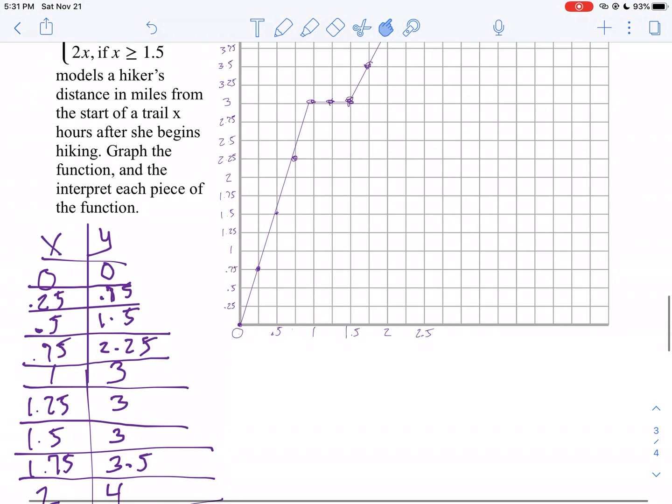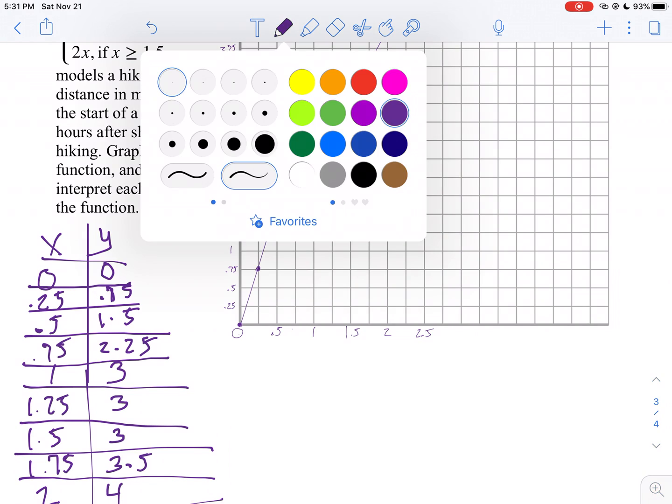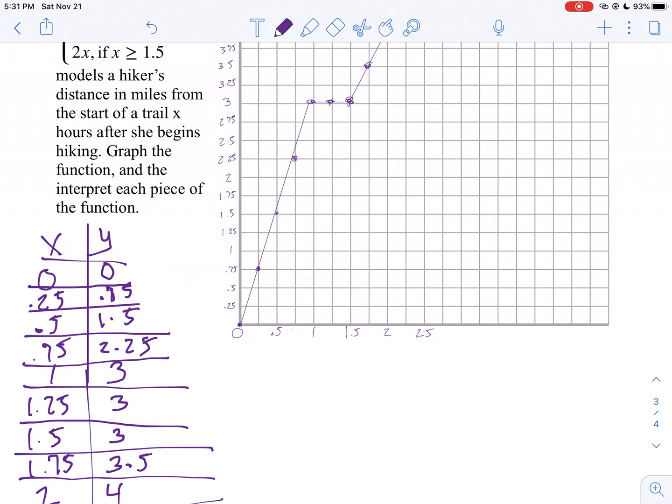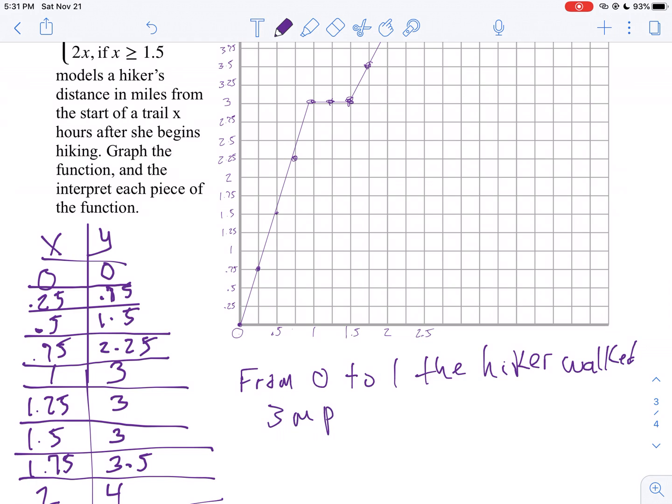Well, it kind of looks like, let me make this a little bit thicker, from 0 to 1, the hiker walked 3 miles per hour. Because that's what the 3x means. Okay?